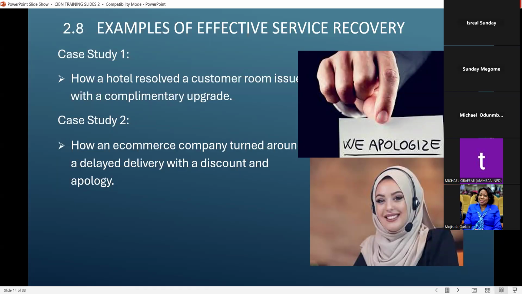We promised you a certain time, but due to logistics reasons, we couldn't meet up. Please, we are giving you a discount. You actually paid 46,700 for the item. Please, we'll give you a balance back. We'll allow you to pay 44,000. We'll take that cut of maybe 3,000 plus. The customer will be very happy, because first you apologize, and it's not everybody that needs their money back. There are some customers that are well-to-do and they will say, so what? You want to give me back 3,000?